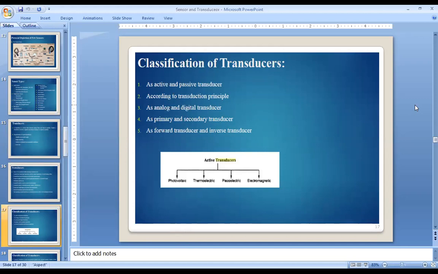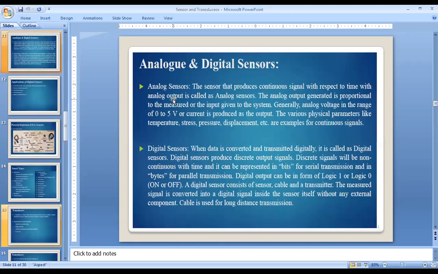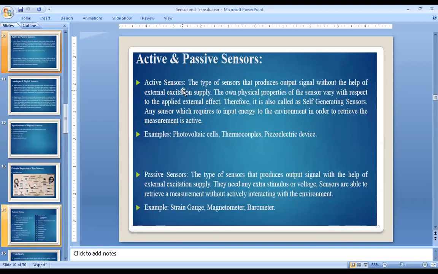So again, active and passive transducer: what do you mean by active transducer? What do you mean by active sensor? Active sensors produce their output without an external supply, and in the passive sensor it is not so.